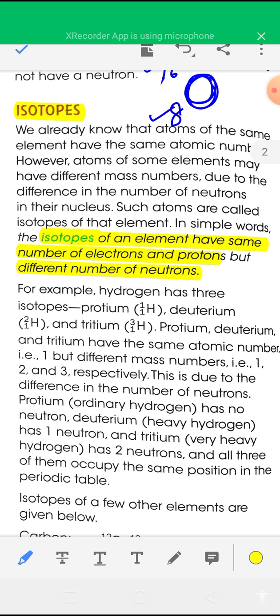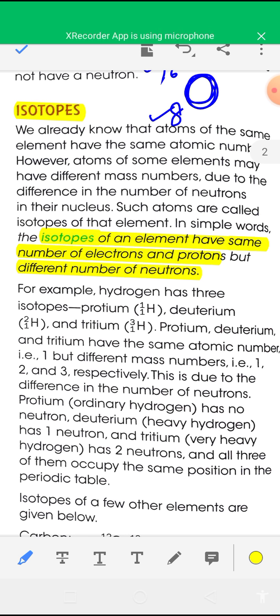That is why the mass numbers of isotopes are different.